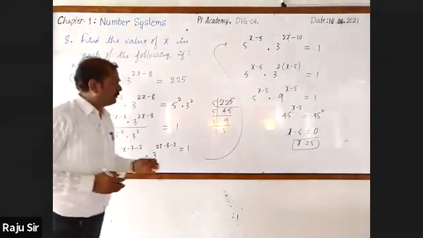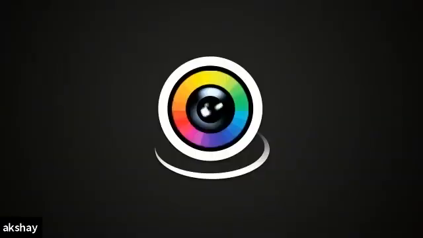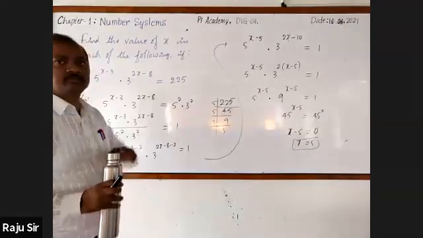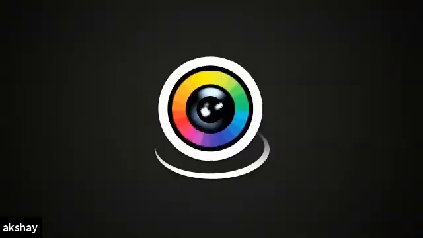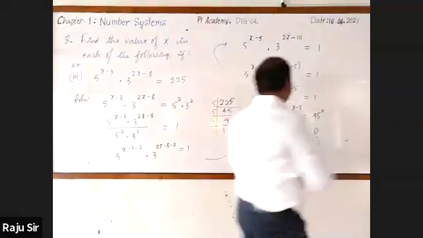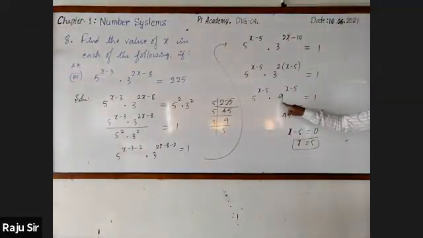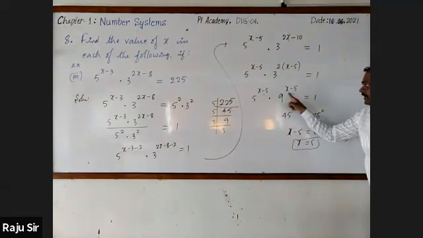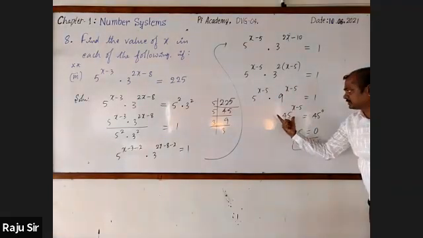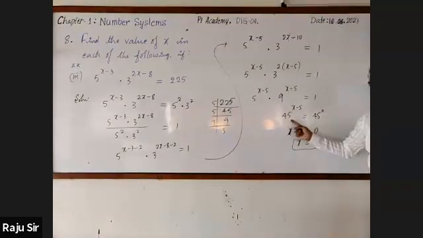Sir, 45 power 0 is equal to 1 now, sir. Of course. But you wrote 0 below. Here the powers are the same, so I have multiplied the bases. 5 nines are 45.